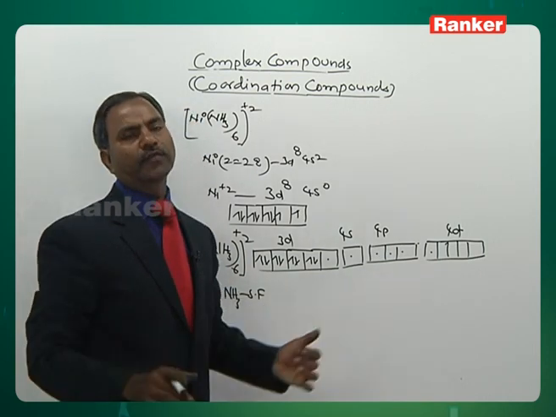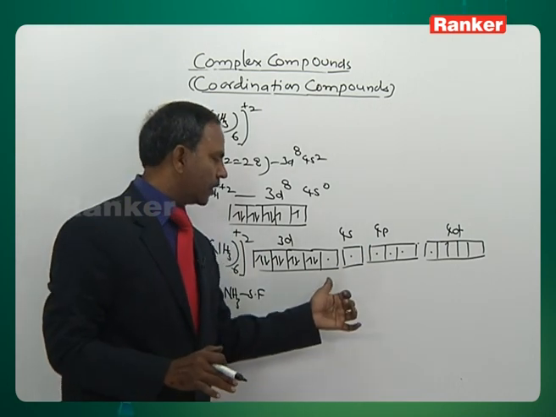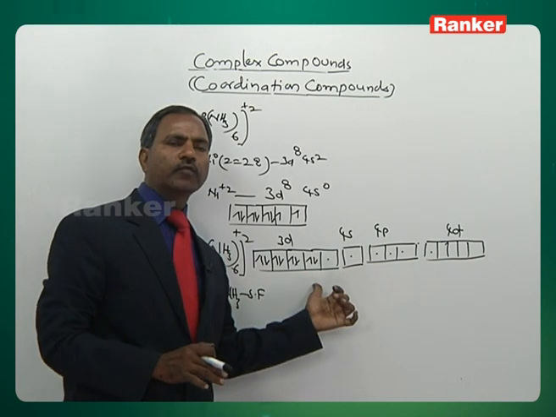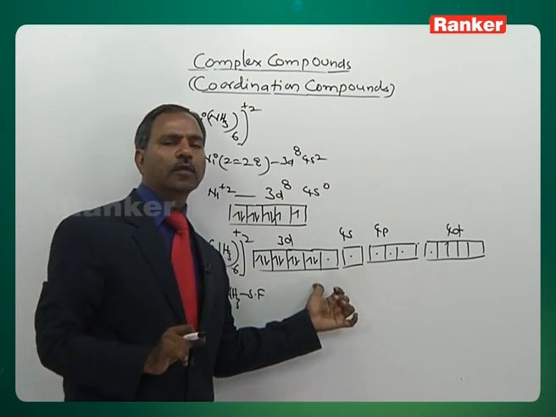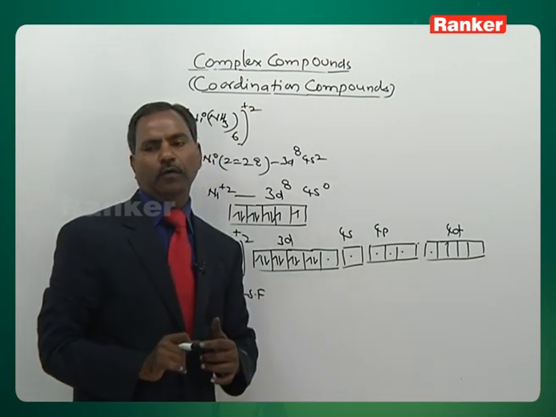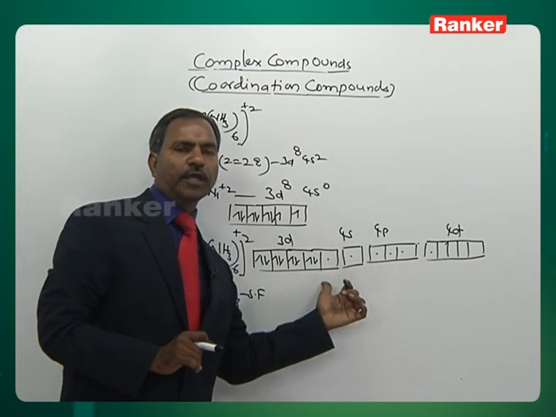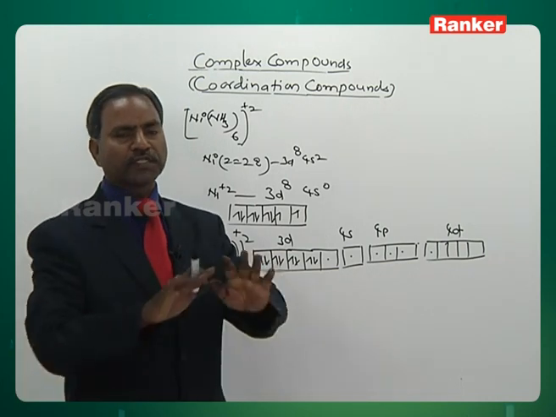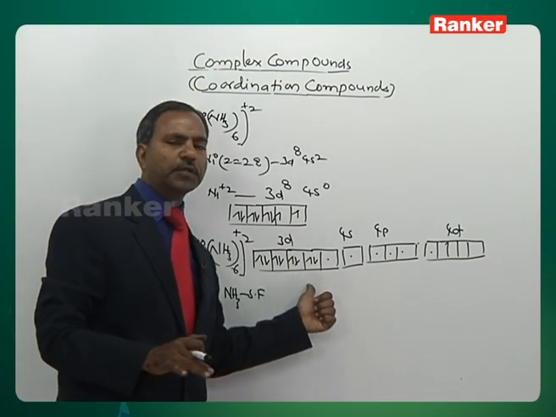There is no such hybridization as dsp3d. It means 2 d orbitals from 3d have to be involved or 2 d orbitals from 4d have to be involved. But 1 d orbital from 3d and 1 d orbital from 4d never involve in hybridization.